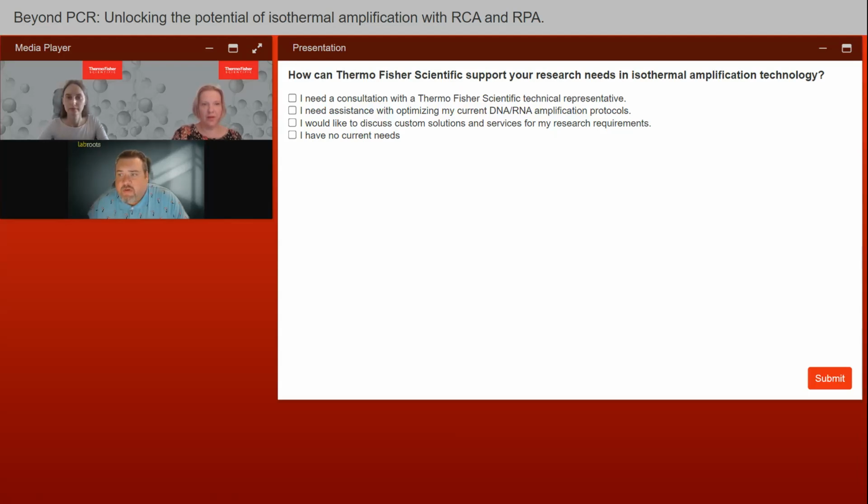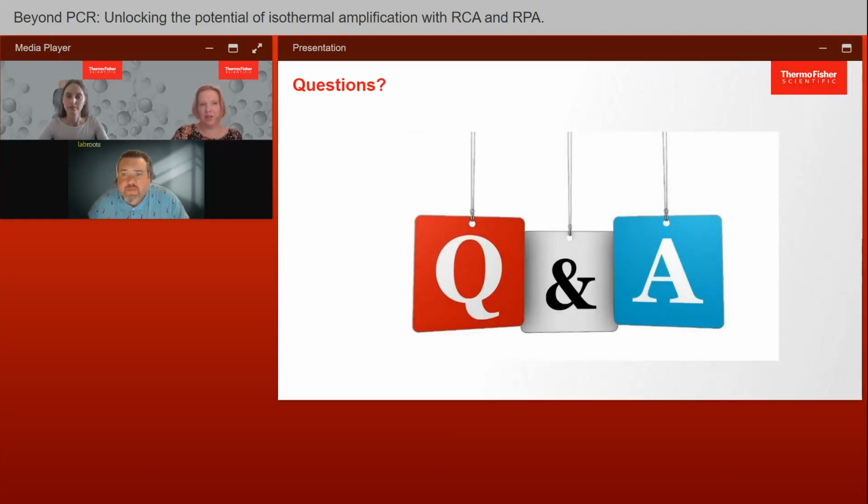All right, thank you. The next one we have is for both. How about specificity and sensitivity in isothermal amplification compared to real-time PCR? Well, everything depends on assay design, on primers, so it can be a lot of cases. In general, yes, you can reach similar sensitivity and specificity using isothermal methods as PCR.